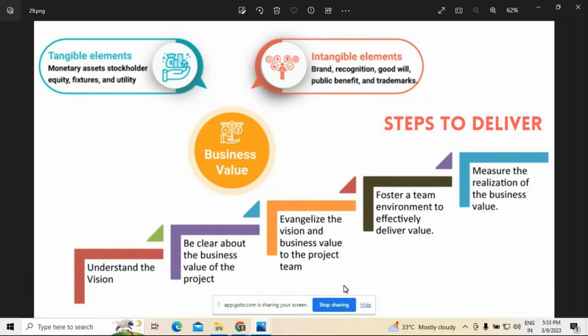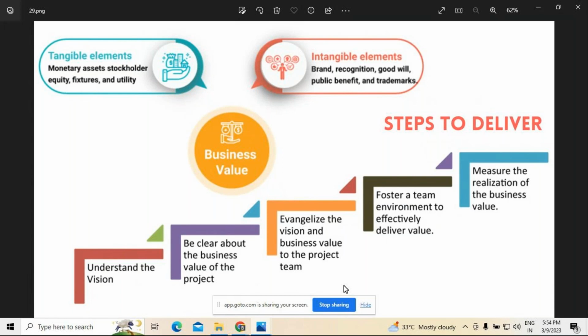At the same time, what are the public benefits that the end solution will ultimately give you, followed by the recognition in terms of the trademarks, all that. So when we are working on the business value, there are two elements we have to consider. One is the tangible elements, majorly focusing on the monetary assets of the stakeholders, equities, all that stuff, followed by intangible elements here.